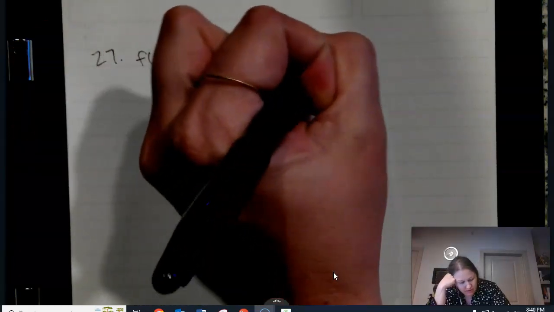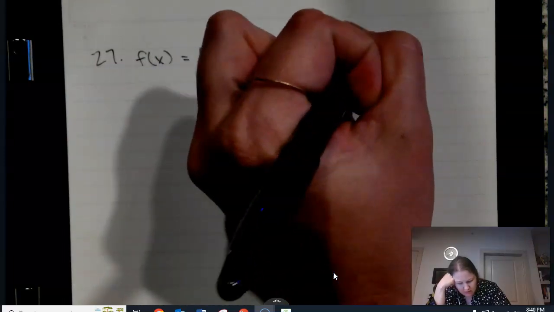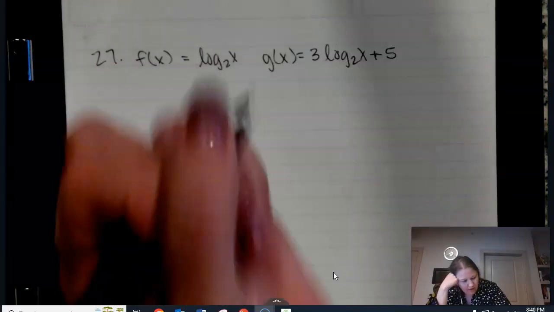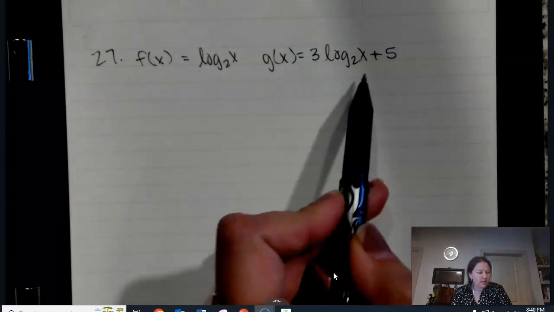27, now you're with logs. It's the same thing, but it's transformations of logs. So I suppose we'll do one example of that. So you have f of x is equal to log base 2 of x, and then g of x is equal to 3 log base 2 of x plus 5. If you notice, I always call this a base.